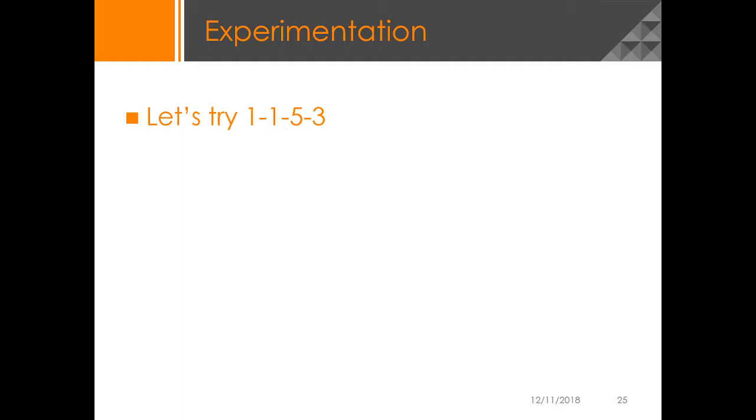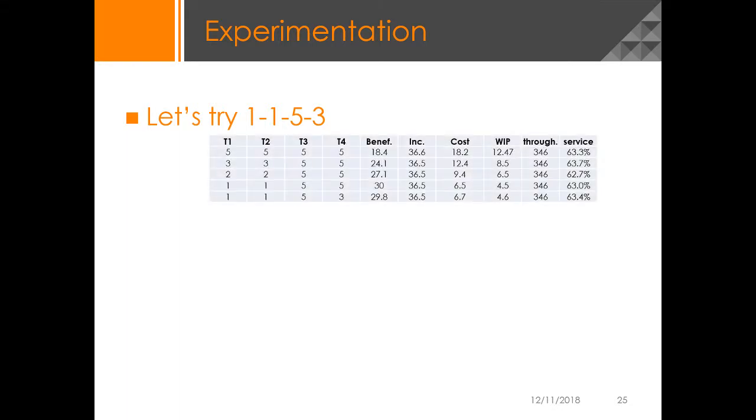So we reduce the number of Kanban on workstation 4. If you do that, and you run the experiment, you'll have a benefit which is very close to the one we had before, and we have increased the cost a little bit.